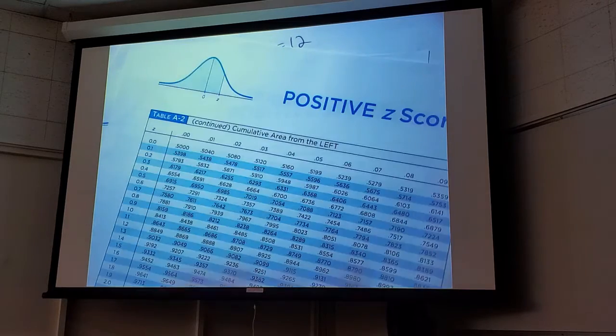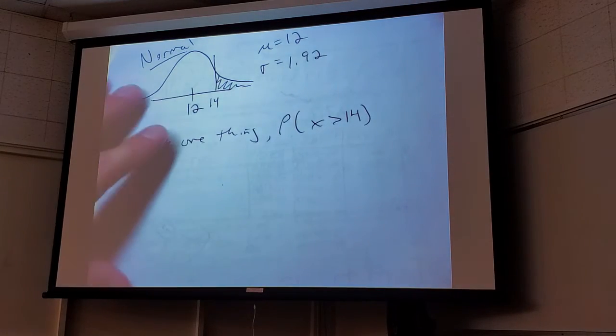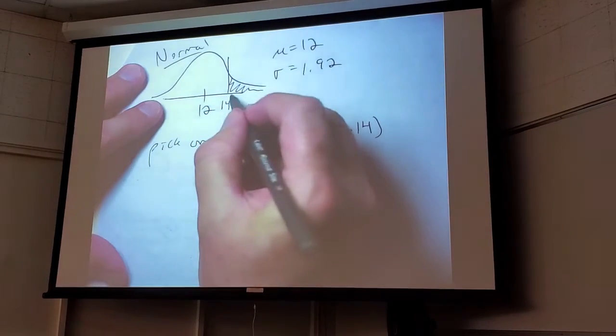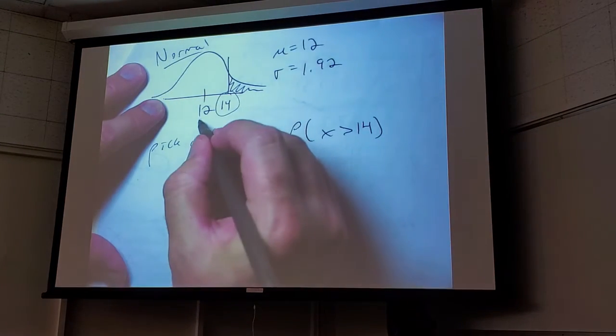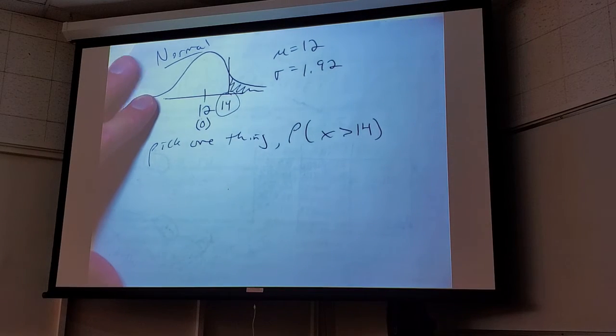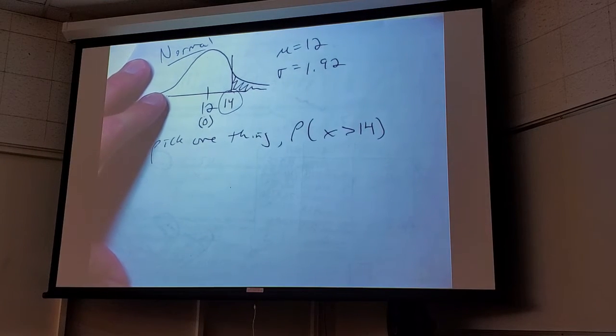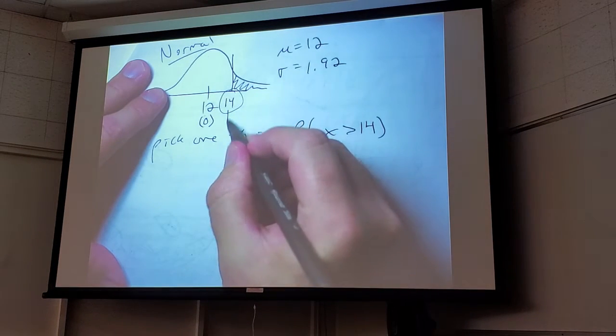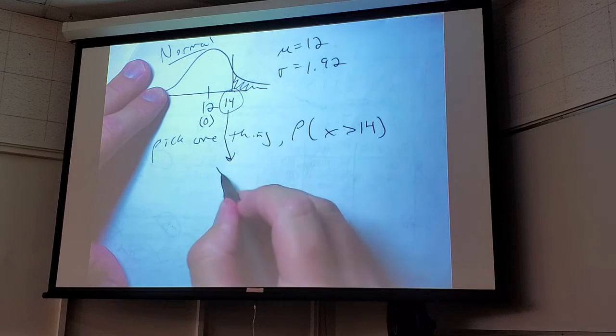And you need the z-score. Okay. So how do I convert this into a z-score? We already said this would become 0, right? I like to put my little z-scores, little parentheses, underneath the number, to keep myself straight. How do you convert 14 into a z-score?